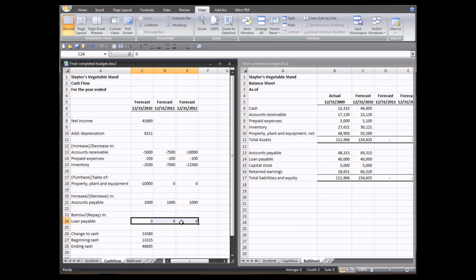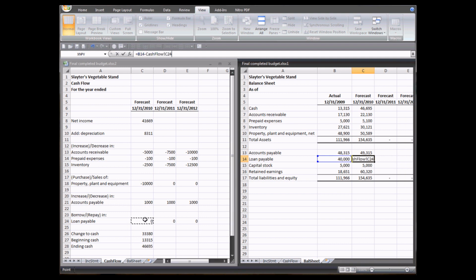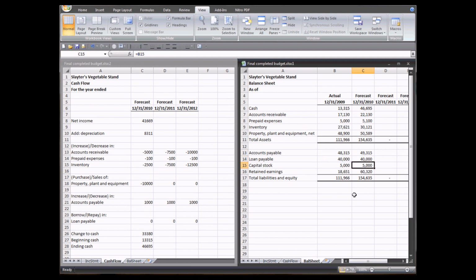Once I see what my ending cash balance looks like, maybe I'll make a change there. That might be something where the financials drive my business plan a little bit on my repayment plan. Okay. Over here on my balance sheet, I need to make sure I fix that formula. So I'm going to go minus the loan payable amount, even though it's zero. Okay. And I stay in balance.